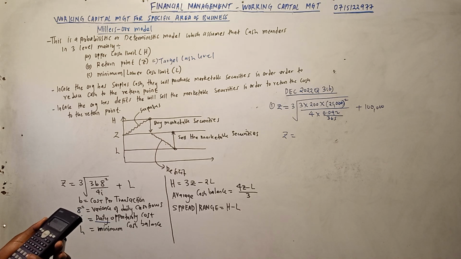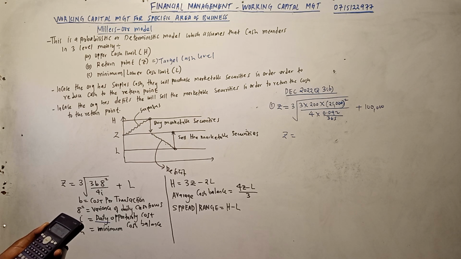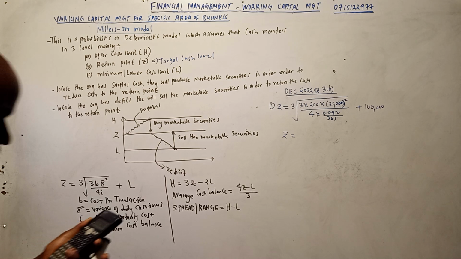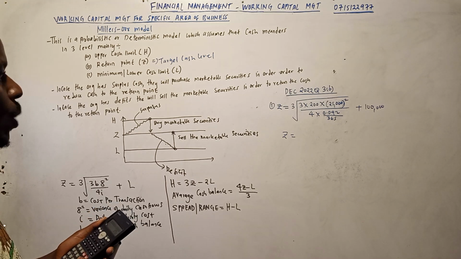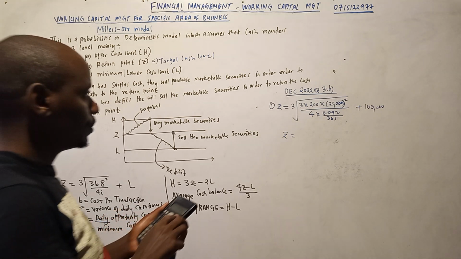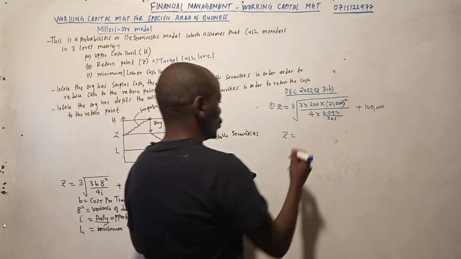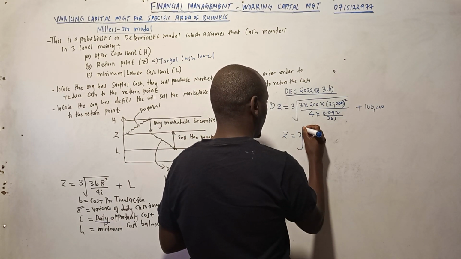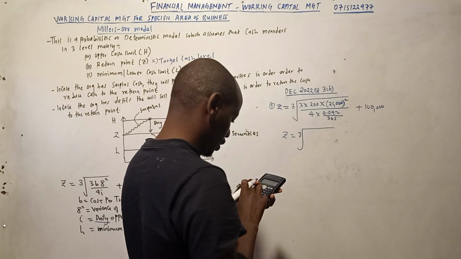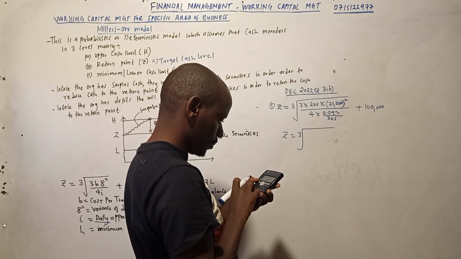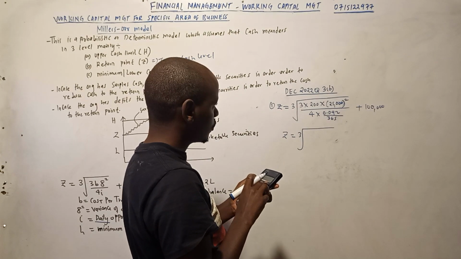So tutaanza na ya juu. So 25,000 squared times 300. So times 200, sorry. Times 3. Times 3 natupatia what I can do to save time, this is what I can do. So 3, hii namba imekuwa kubwa sana. Hiyo imekuwa kubwa sasa.